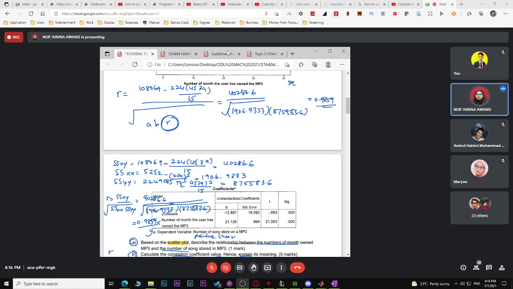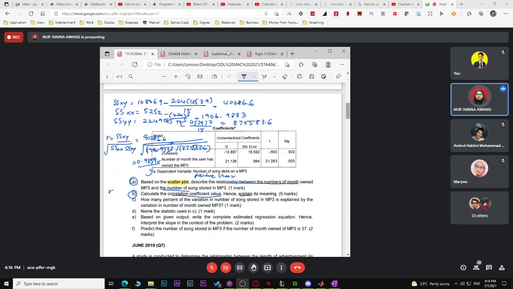Okay, so you will get the same result. So whether you calculate the values one by one and then substitute into the formula, or you directly substitute into the formula and then calculate what the value is. Okay, so that is how to calculate the value for the correlation coefficient.